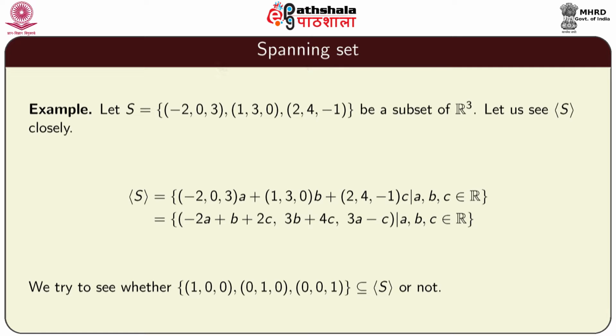So, span of S is nothing but the collection of all possible linear combinations of vectors in S. That means it is the collection of all these vectors that you see over there, that is, (-2, 0, 3)A plus (1, 3, 0)B plus (2, 4, -1)C, where A, B, C are elements from the field of real numbers R.